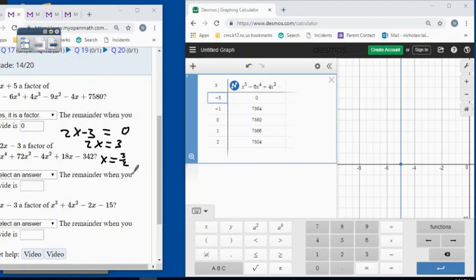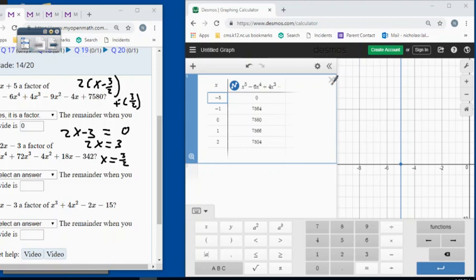So once again, if you want our x term, you could also just factor out the 2. 2 times x minus 3/2. And if x minus 3/2 is equal to a 0, then you're evaluating f of 3/2.